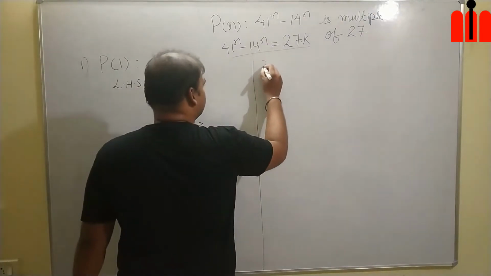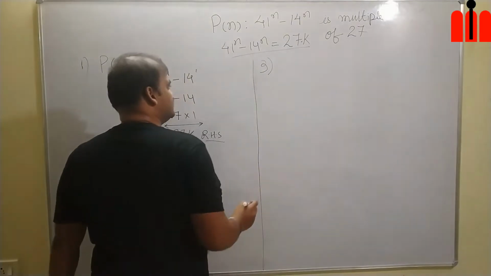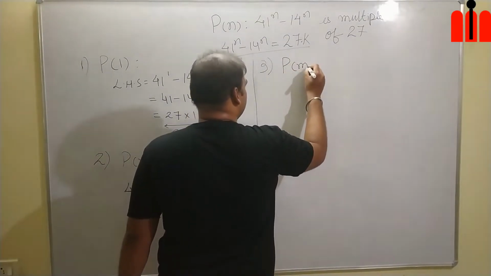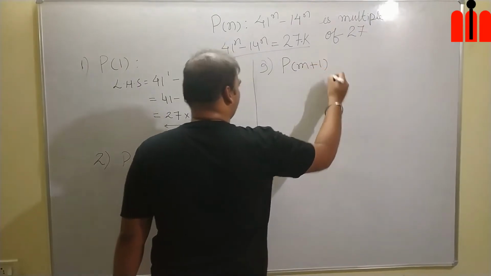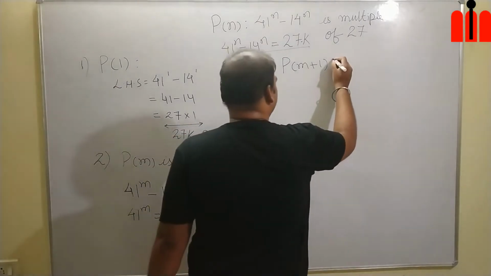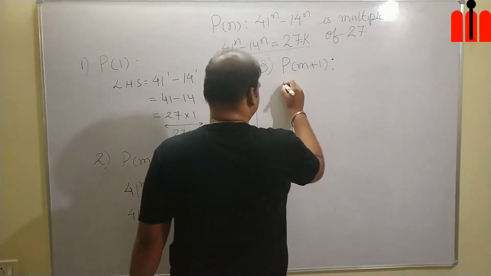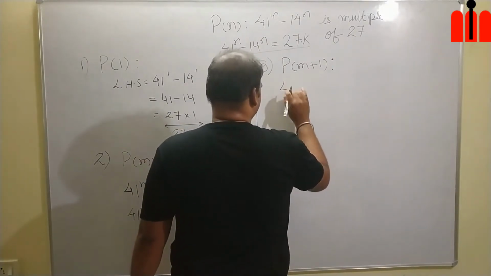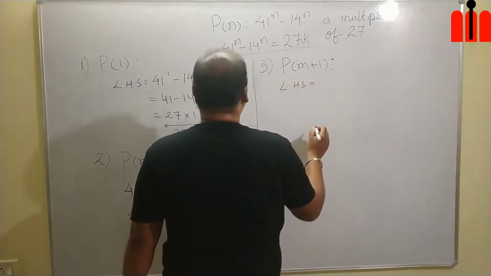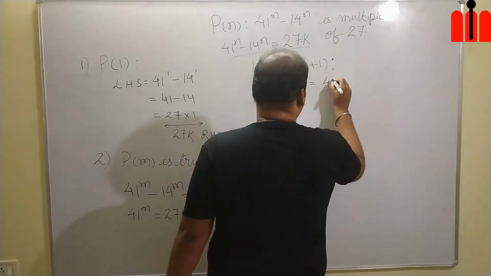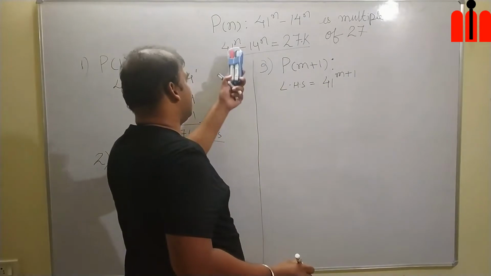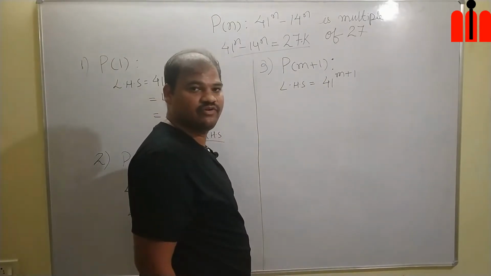So third, which is the induction step, we will write our P m plus 1. How will my P m plus 1 look? The LHS of P m plus 1: I have to substitute m plus 1 in place of n.